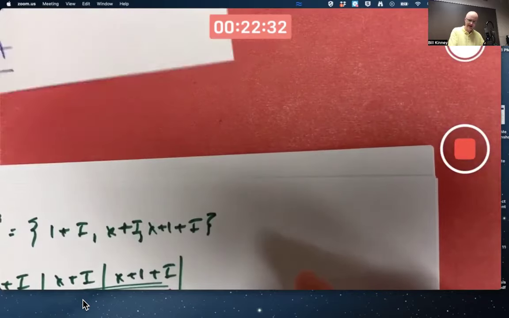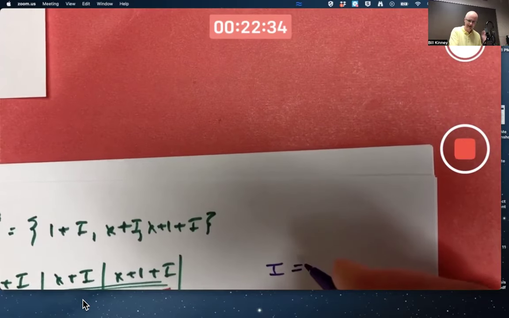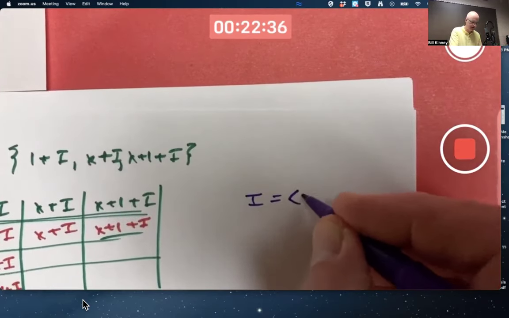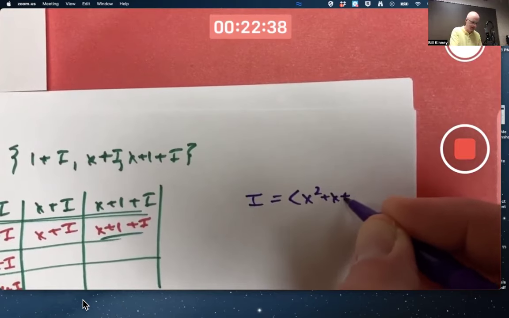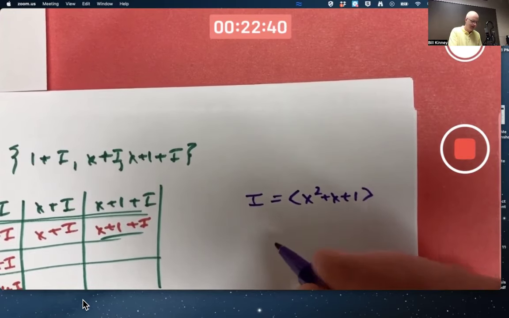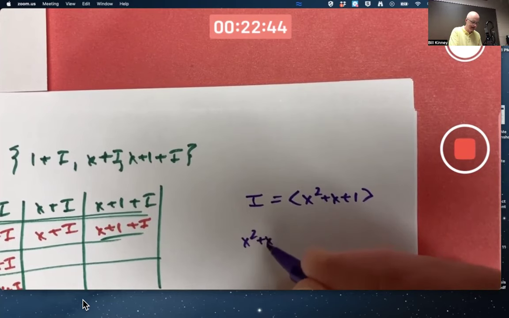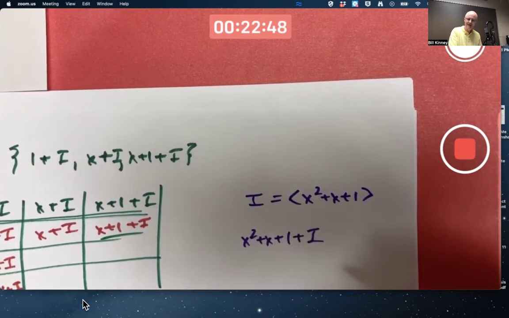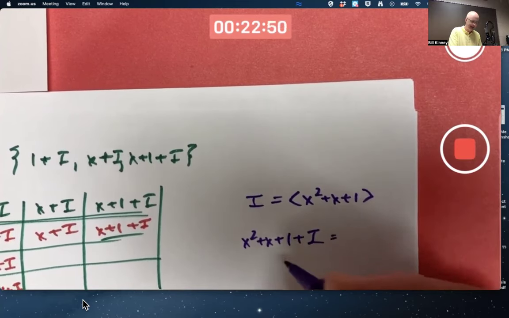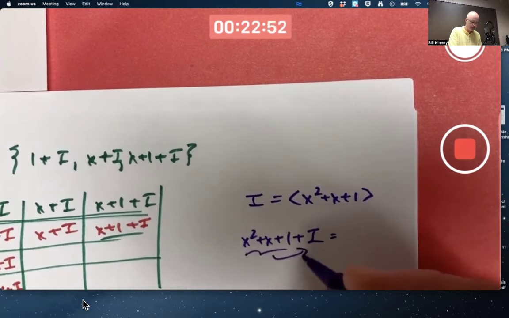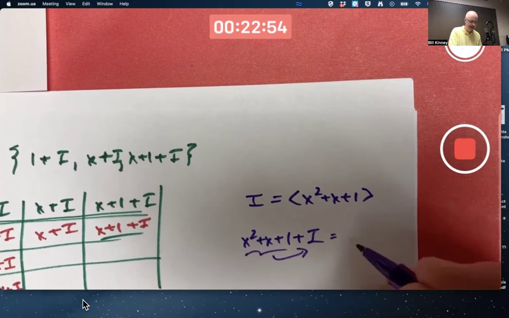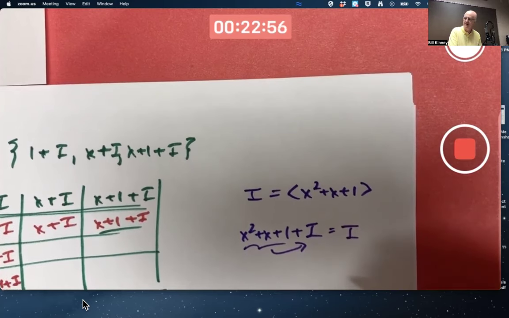Because our ideal I, another side calculation over here, is the one generated by x squared plus x plus 1. That means if I have x squared plus x plus 1 plus I, that x squared plus x plus 1 gets sucked into the ideal. It's the same as the trivial ideal, the 0.